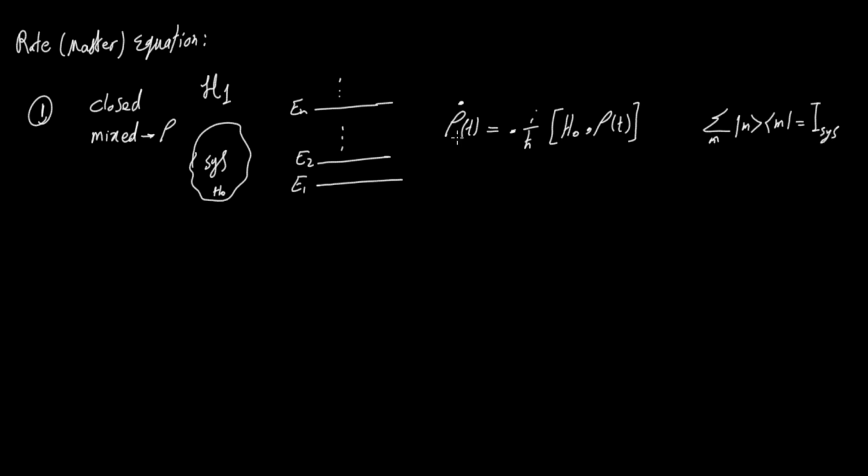Therefore, by sandwiching them between two M's like this, and after some algebra, we end up with this more scalar representation. This is just the same equation but with a slightly different mathematical representation. And omega, by the way, is just the energy.